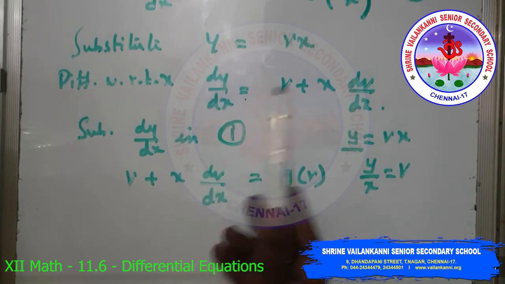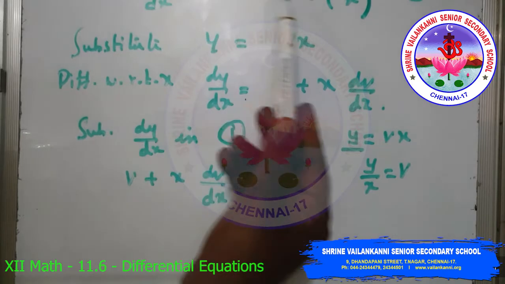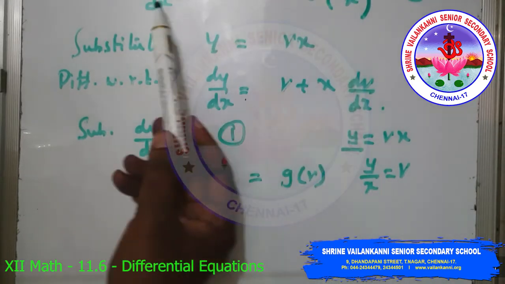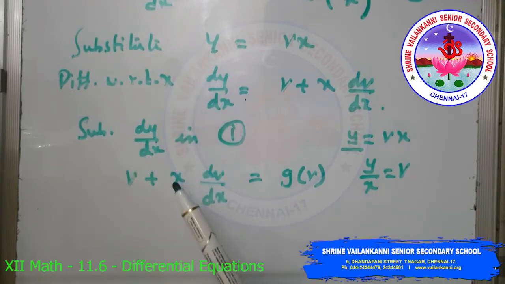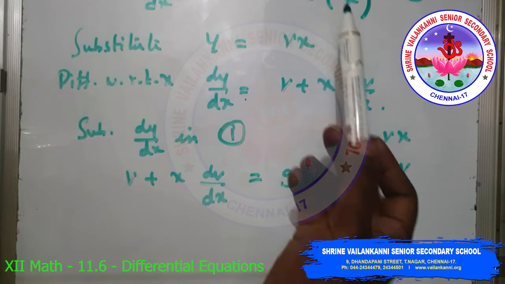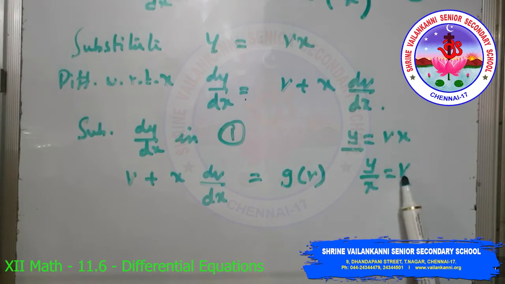Substitute dy by dx in equation 1. Then dy by dx equal to g of y by x. So v plus x into dv by dx, which is nothing but dy by dx. So v plus x into dv by dx is equal to g of v. Here we have taken y equal to vx, then y by x is v.